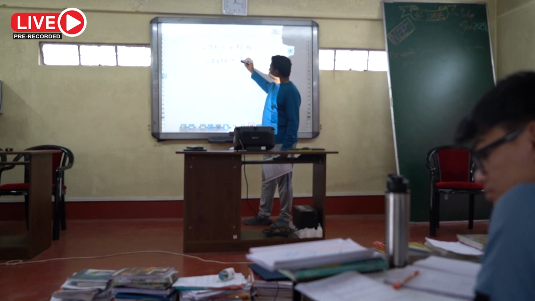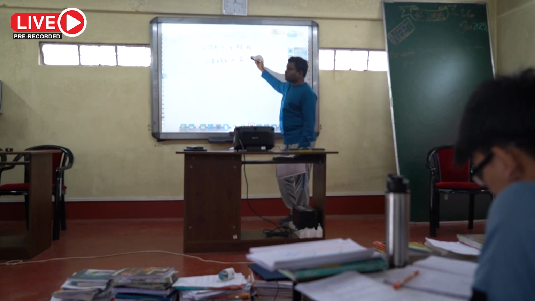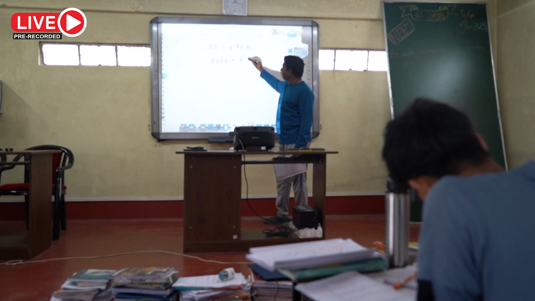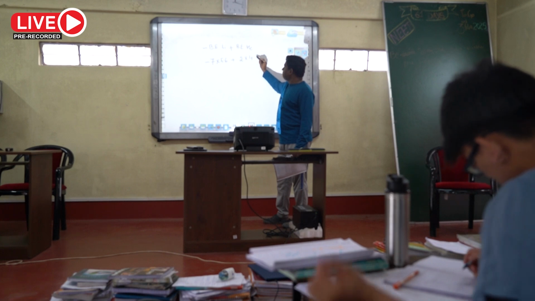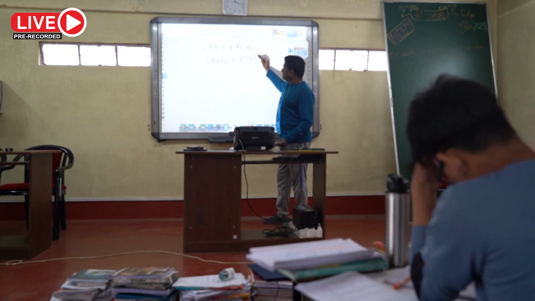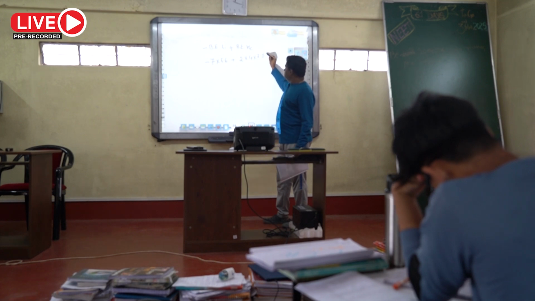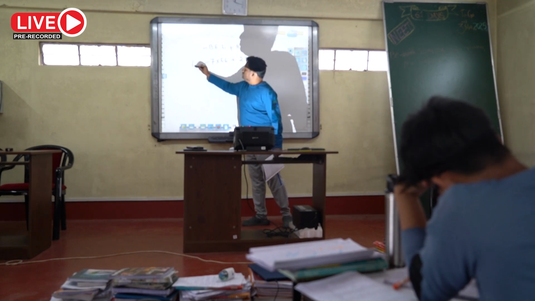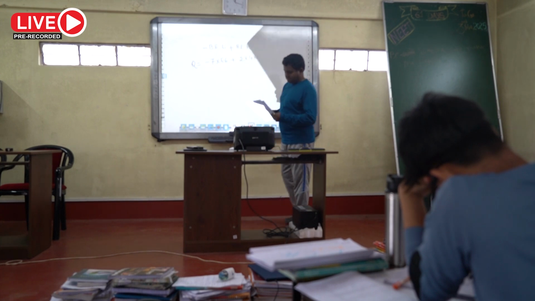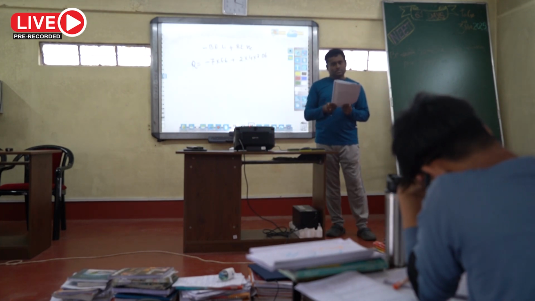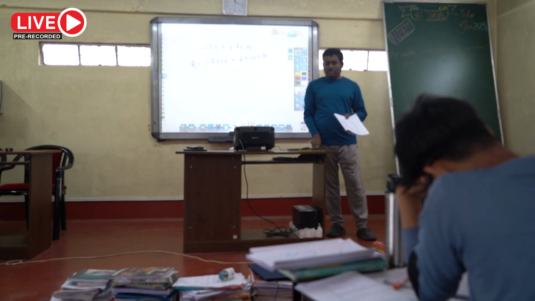There are 2 helium ions, 4 nucleons are there and 2 helium ions are produced. So 2 into 4 into 7.06. This one will give you the Q value.